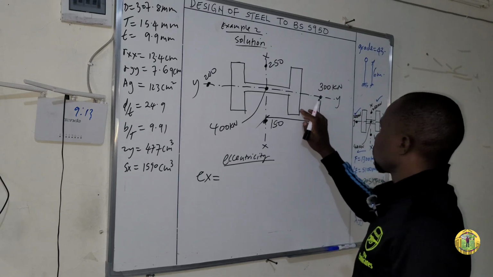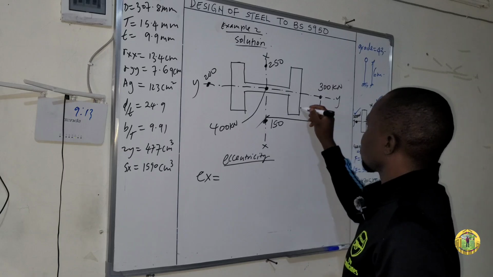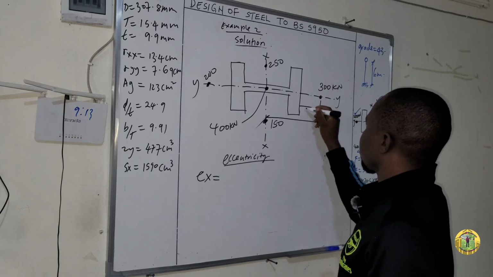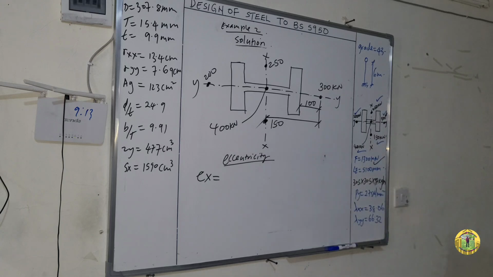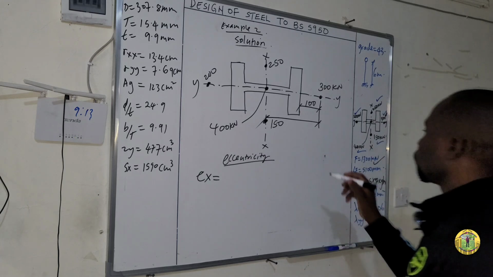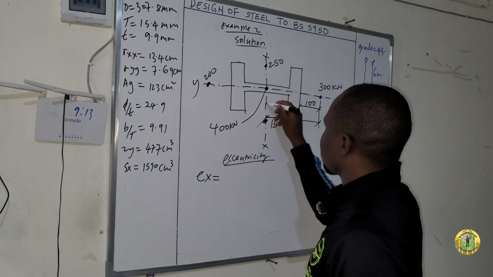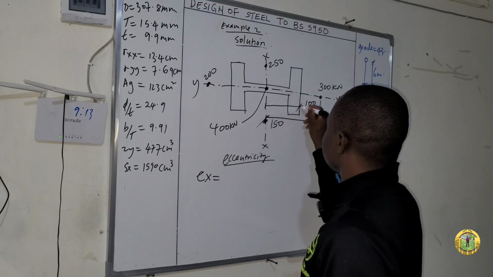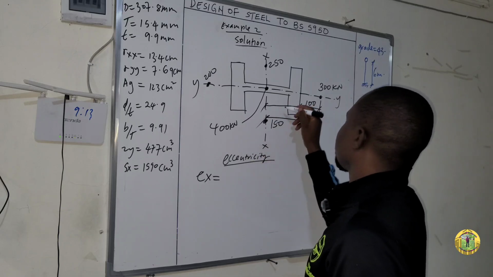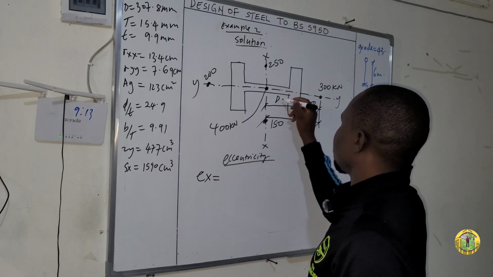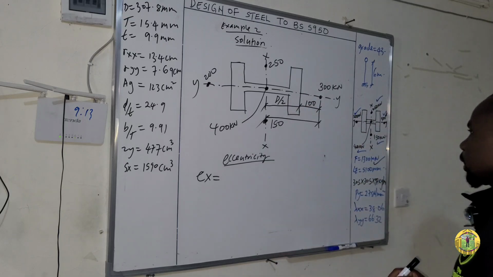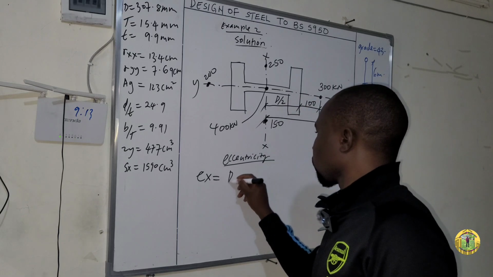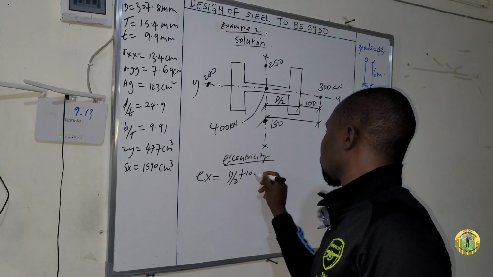And remember, we said that this load is 100 millimeters from the face of the column. So this is 100. We are remaining with this distance from here to the face of the column, which is given by D over 2. So EX is equal to D over 2 plus 100.